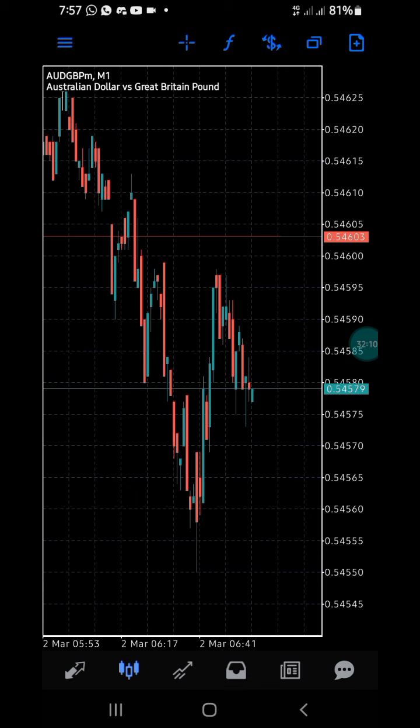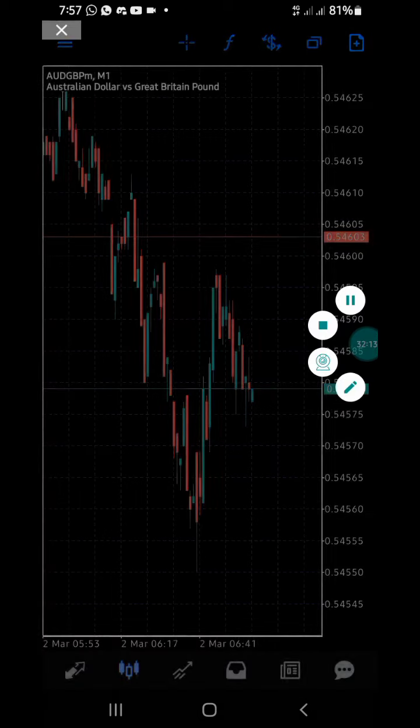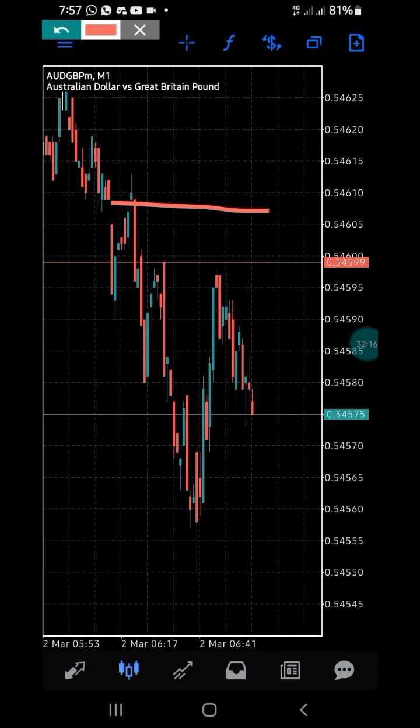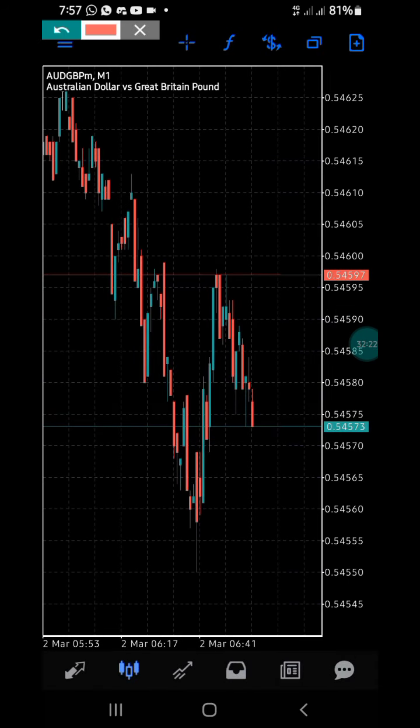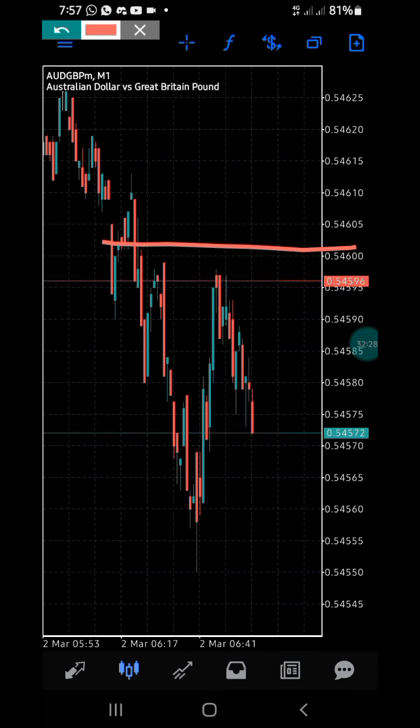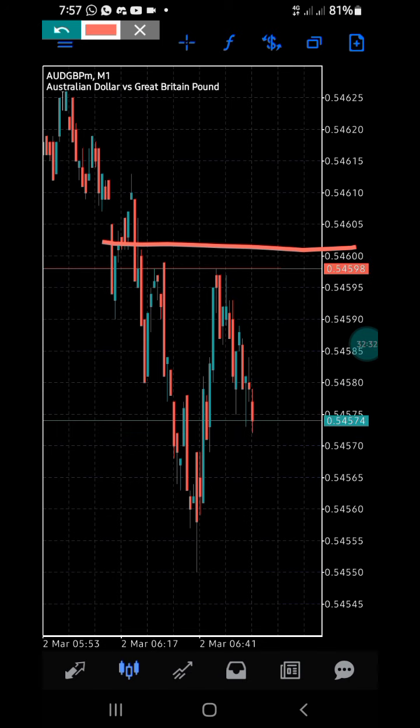So imagine you enter the market, you want to buy, and you enter the market here. Let's say these two lines move above, and probably the red line comes above your own red line.